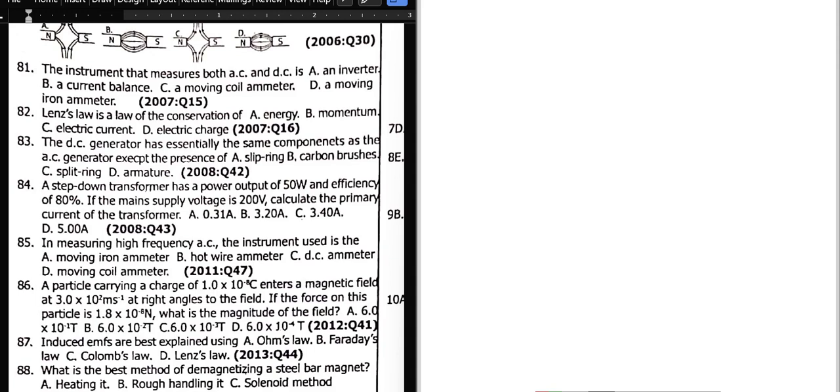Let's take down what we know, what we were given, what we can see. From the look of things, we can see Q, and Q is 1.0 times 10 raised to the power minus 6.